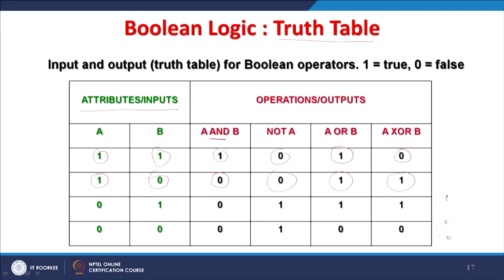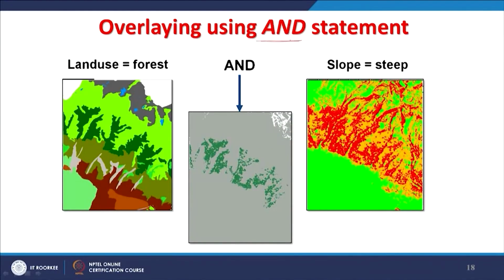But these operations can be performed very easily using either the query builder or the map calculator. The most common one is the map calculator in ArcGIS. If we take a real example, using this intersection statement, when land use equals forest and slope equals steep, two input maps are there, one is the land use map and another one is the slope map.